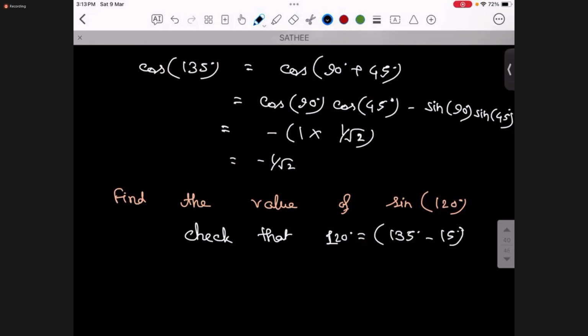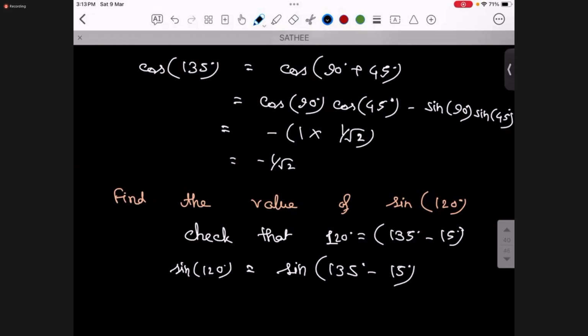So sin 120 can be termed as sin of 135 degree minus 15 degree.